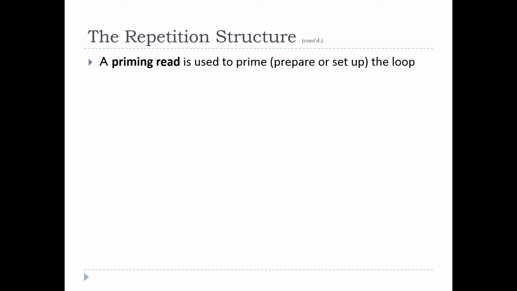So a priming read. When you set up your loop, you have to prime your read. What this means is that you have to prepare the loop to start at a certain value. You can't just say count something and then it just happens. You have to say count something from what number to 1,000.